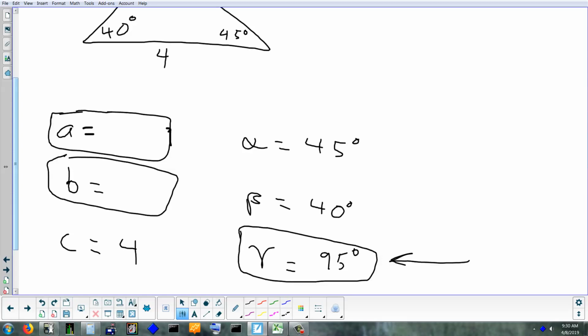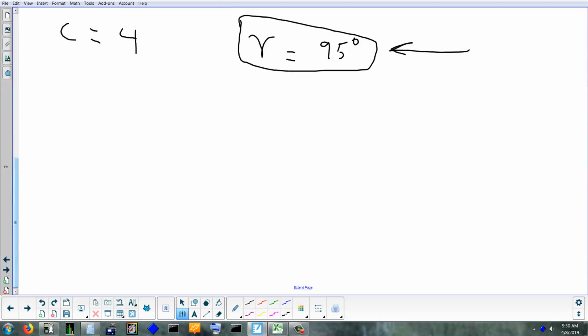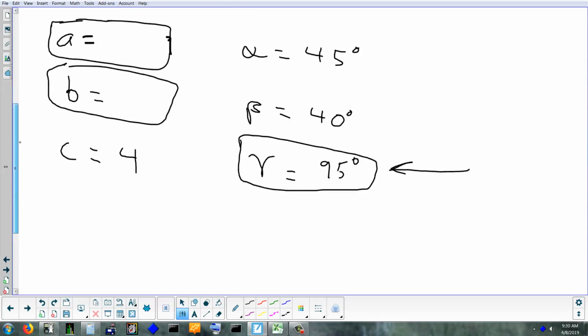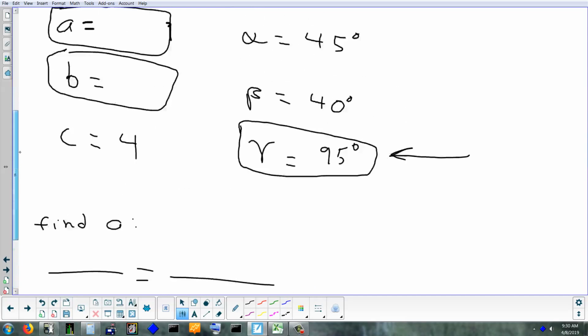All right, so now whether you find A or B first, it doesn't matter. It's just like the last problem. All right, so let's set it up to find A. Which one do you want to do first? A. All right. Can you set up the law of sines for me to find A?